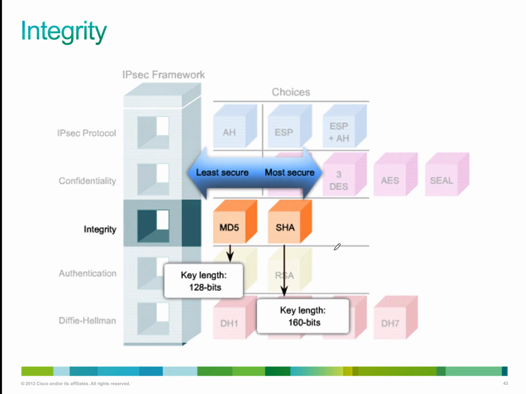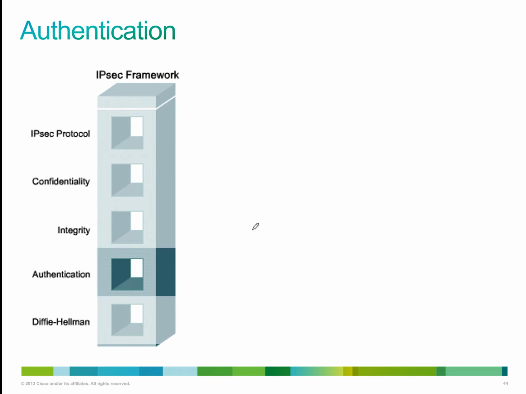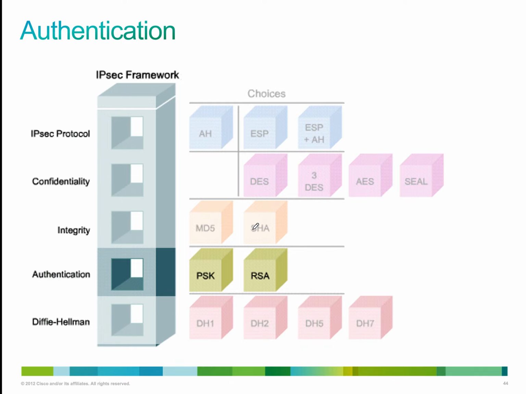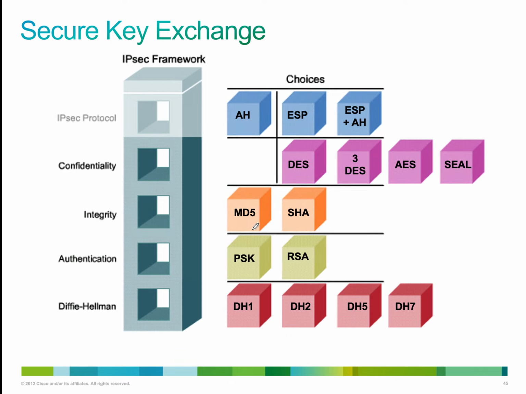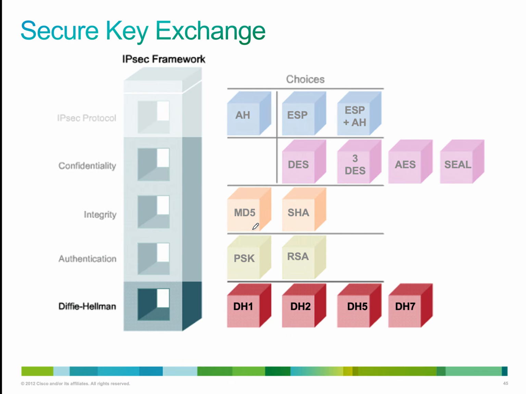For integrity, the most secure one is the SHA. You use the SHA and the MD5, but the most secure one is the SHA. The MD5 key length is 128 bits, and the SHA key length is about 160 bits. So for authentication, it uses the PSK and RSA. And for the Diffie-Hellman, it uses DH1, DH2, DH5, DH7.